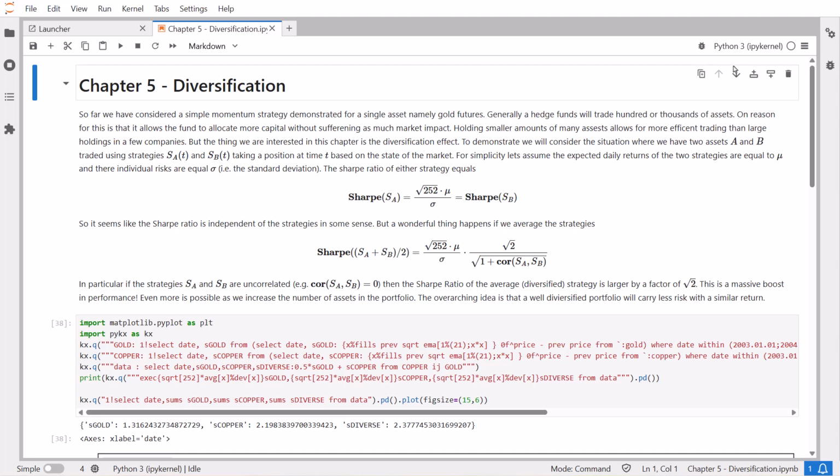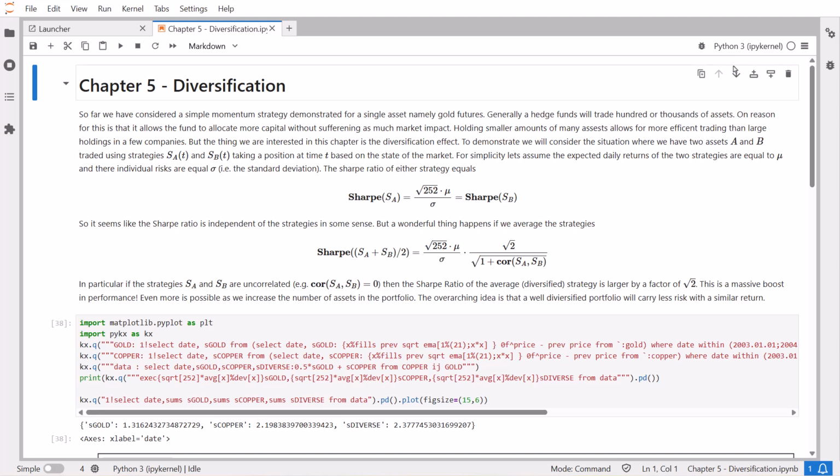But there's this really wonderful thing that happens if we average the two strategies. So we take the wisdom from one strategy and the wisdom from another strategy and we combine them into the average. So then the Sharpe ratio of strategy A plus strategy B divided by 2 equals the original Sharpe ratio, square root of 252 times mu over sigma.